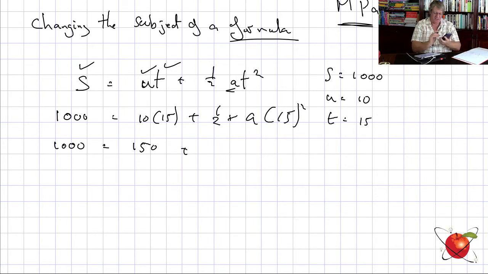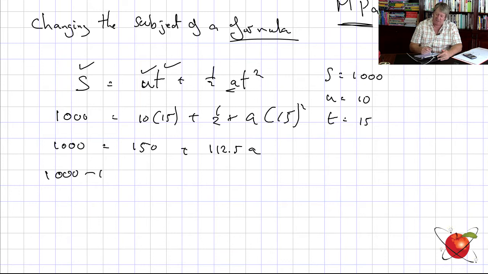I'll have to do it on the trusty calculator. 15 squared equals that, divided by 2 is equal to 225 over 2 is 112.5a. Now we have to change the subject of the formula. The 150 goes across, so we've got 1,000 minus 150 is equal to 112.5a.